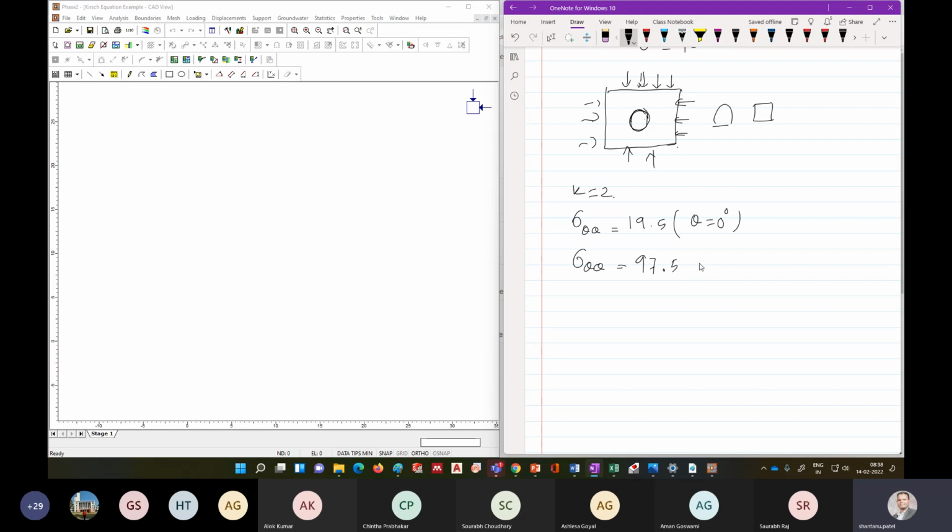All values are in MPa, and this is theta equal to 90 degree. Okay, so today our task is to see using FEM, this finite element code, this Phase 2, can we get these values or not? Okay, so that is our task.